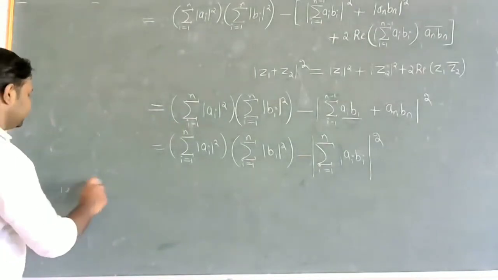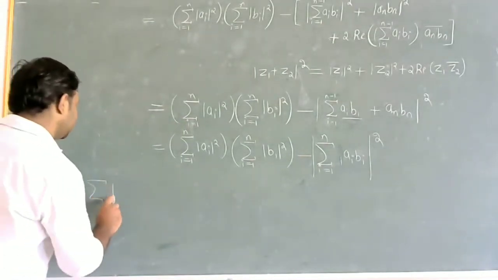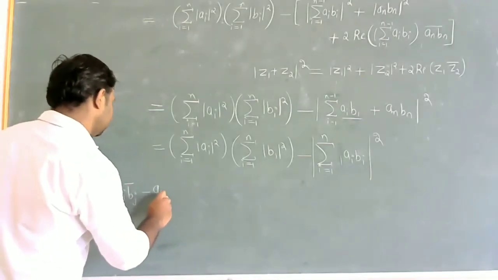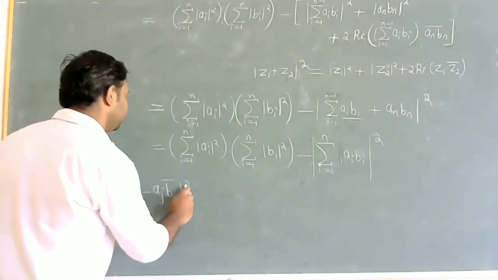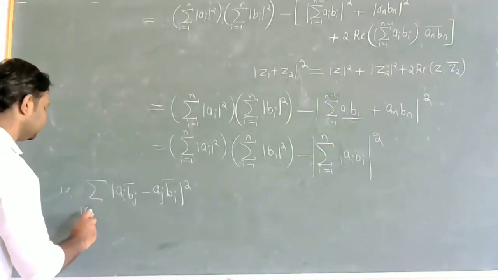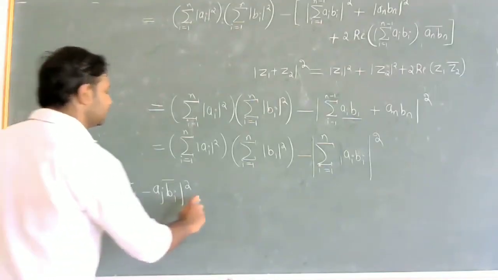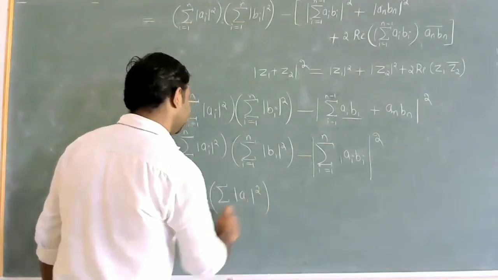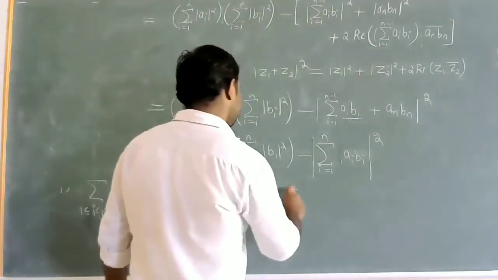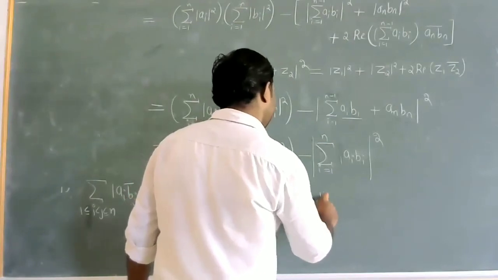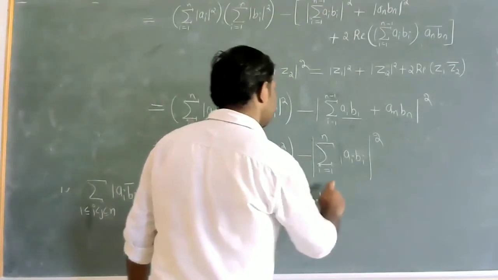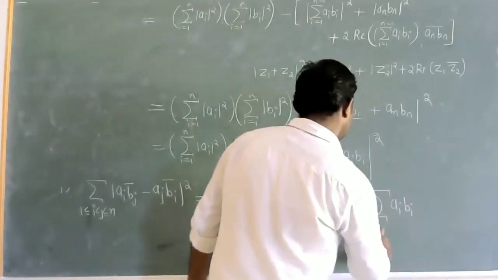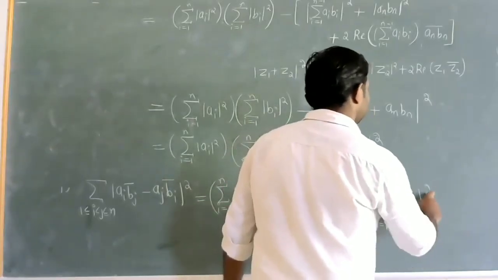That is we proved that summation modulus of ai bj bar minus aj bi bar whole square, 1 is less than or equal to i less than j less than or equal to n, is equal to summation modulus of ai whole square, i running from 1 to n, summation modulus of bi whole square, i running from 1 to n, minus modulus of summation ai bi, i running from 1 to n, whole square.